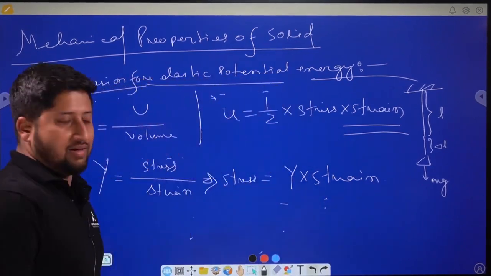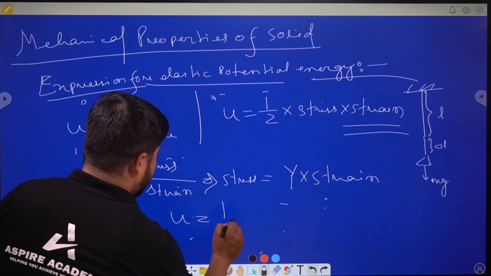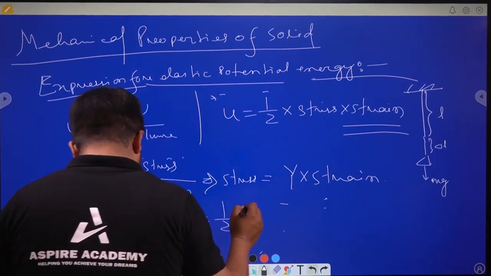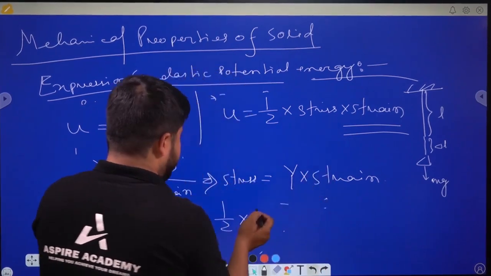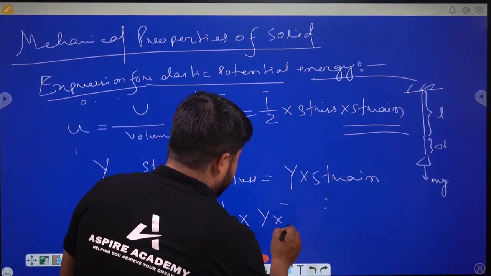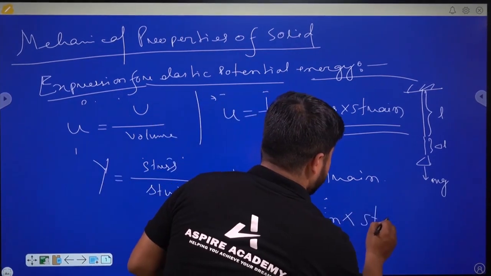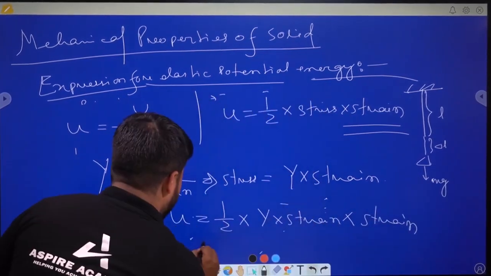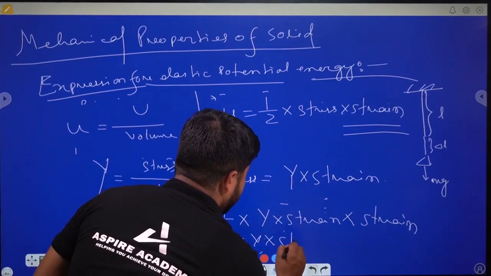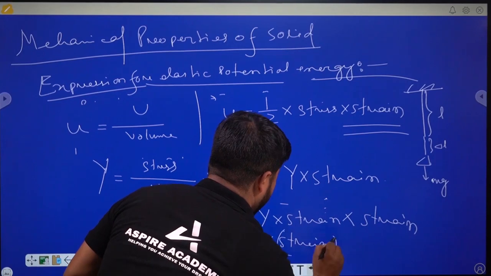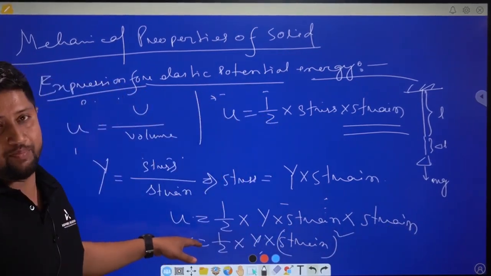Y means Young's modulus of elasticity. So now U is equal to half into stress, where stress is Y into strain, so half into Y into strain whole square. This is another expression for elastic potential energy per unit volume.